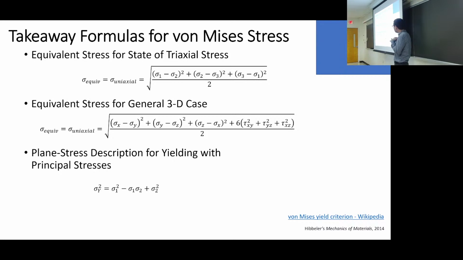Does anyone know what this equation represents? It's not exactly fair. But we have sigma 1 squared plus sigma 2 squared is equal to r squared. Then we have this cross term, minus sigma 1 sigma 2. Any guesses?